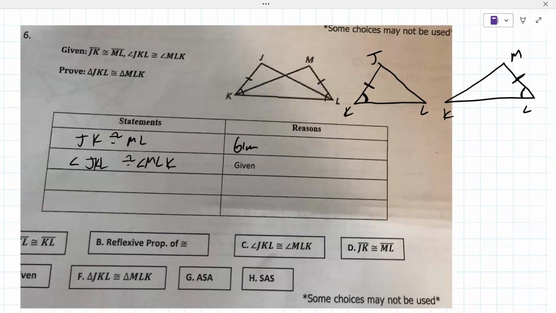KL equals KL. Good. It's always that overlapping piece and the order switches.